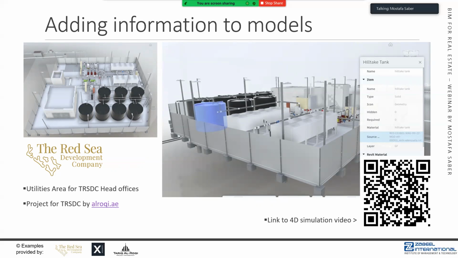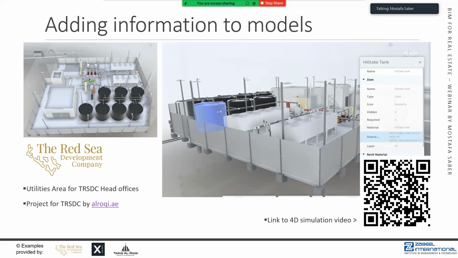Who is the manufacturer? What is the warranty date? When was it installed? When is it due for maintenance for the first time? All this information will be stored in your models. This means you're getting rich information out of your model, and not just pretty geometry or a nice 3D that represents your as-built status.